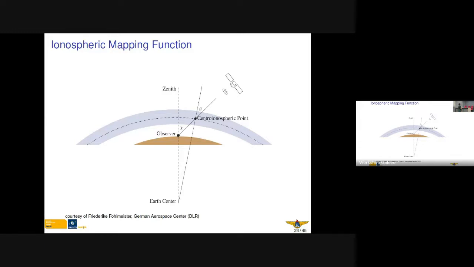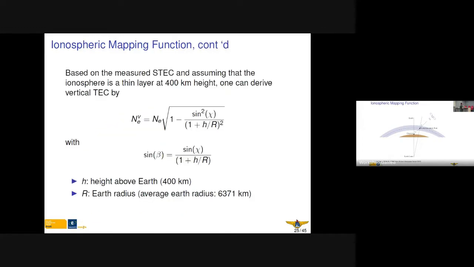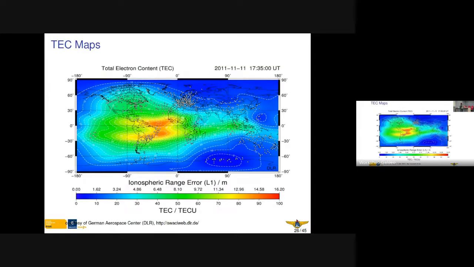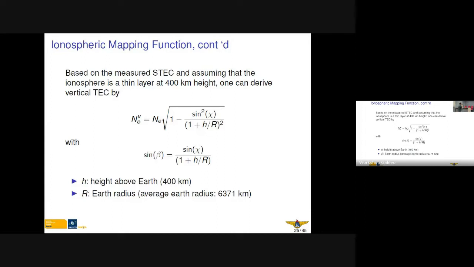And we have these two angles, beta and psi here, in order then to calculate from the slant TEC, using a model, the TEC in zenith above the observer. We can do this based on the measured STEC, assuming that the ionosphere is a thin layer at 400 kilometers height.